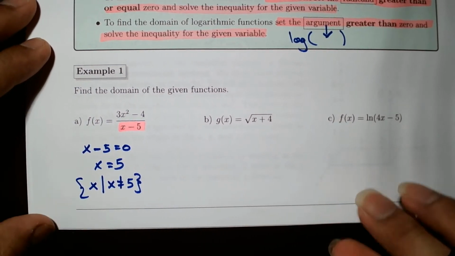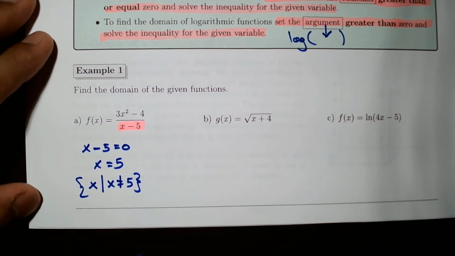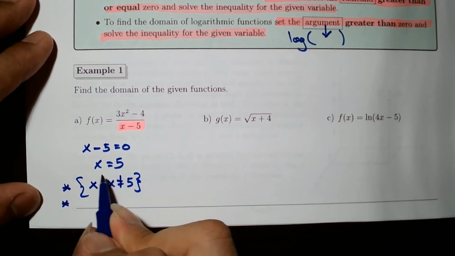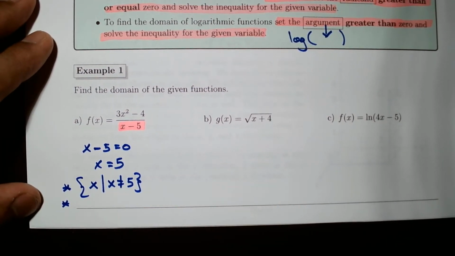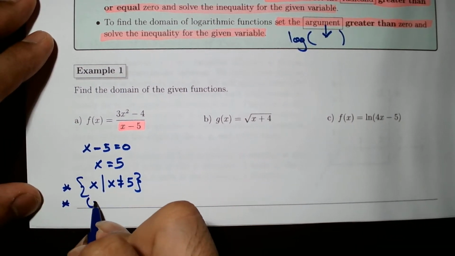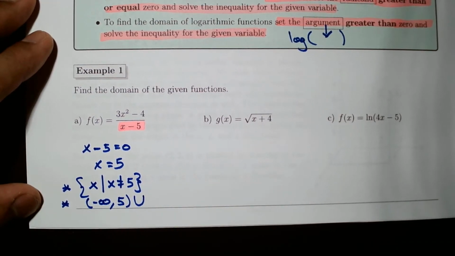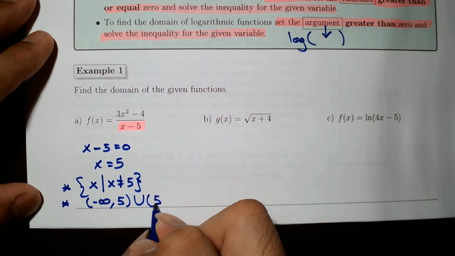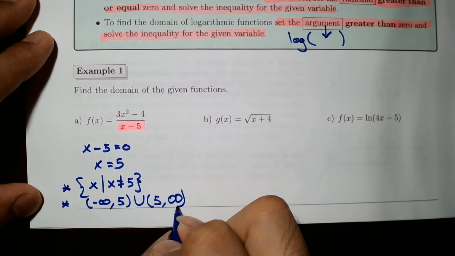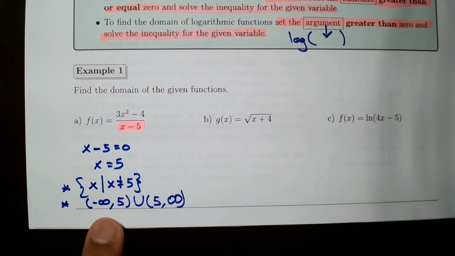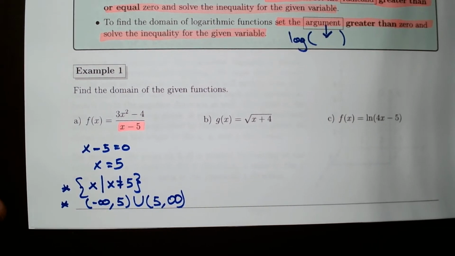That's in set builder notation. With interval notation, the way we express it is all real numbers except the number 5: negative infinity to 5, union symbol, 5 to positive infinity. So that's how we find the domain of a rational function.